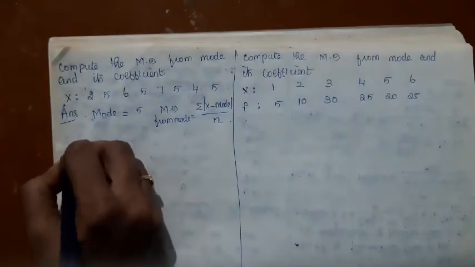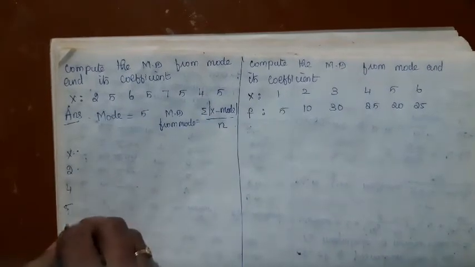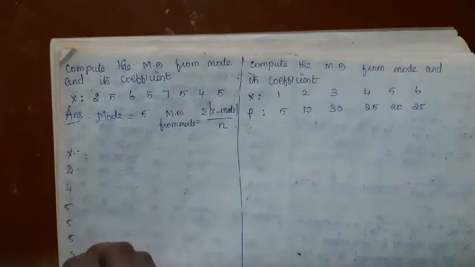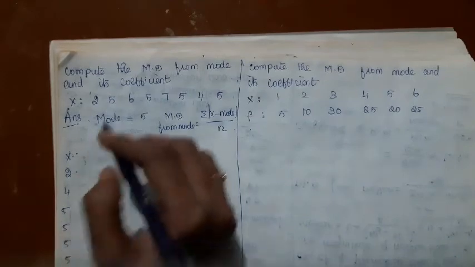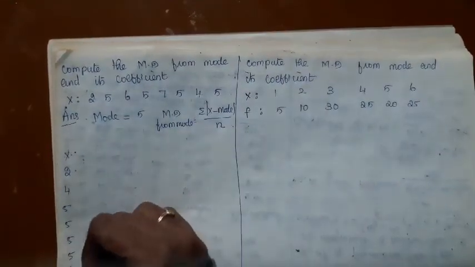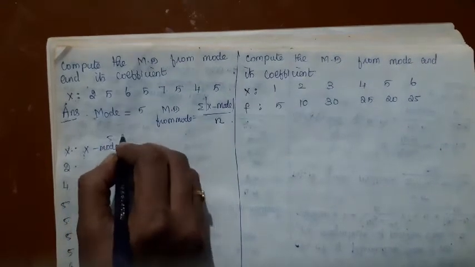So let me first write the x values. Let us write it in ascending order. 4 times and 6, 7, 8 numbers. Now x minus mode. What is mode? 5.